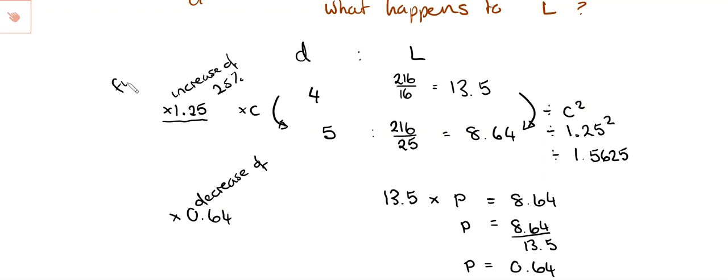So you're actually finding 125%, no? 125% as a decimal is 1.25. So if I multiply by 0.64, I am finding 64%. Now if I find 64% of something, have I got more or less of it? Okay, is it a decrease? How much have I decreased by? 36%.